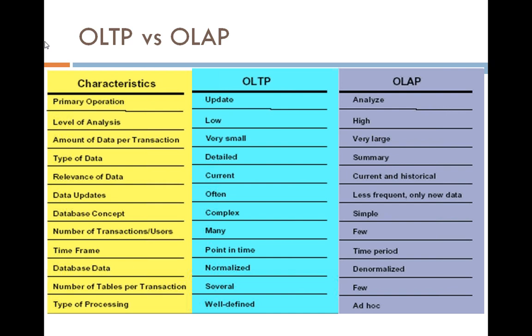But once the business hours are closed, with the OLAP system we are reading all of the data that was updated today. That is the reason the amount of data with respect to that particular transaction is very high in the OLAP system, since it is reading all of the data.